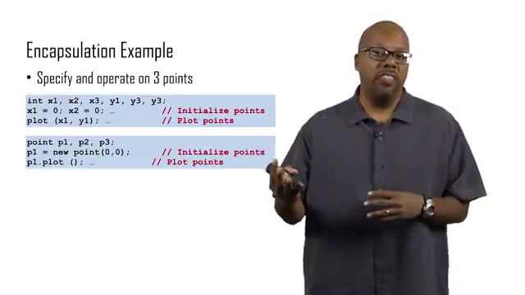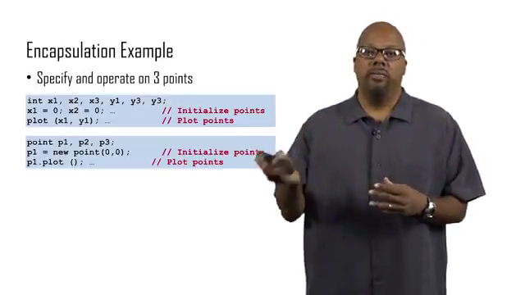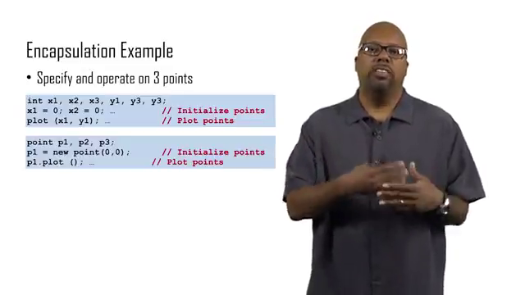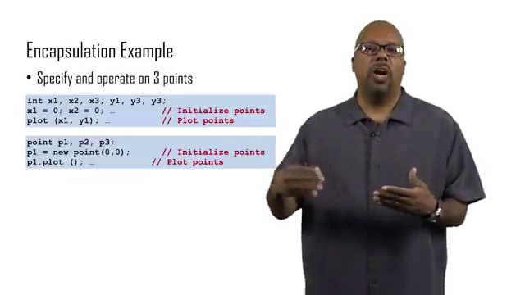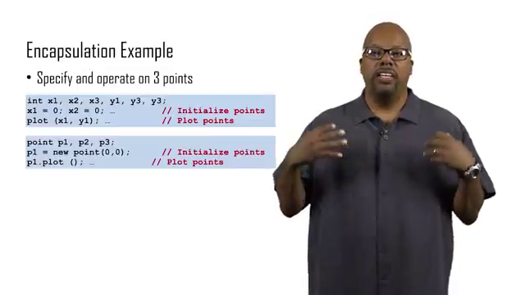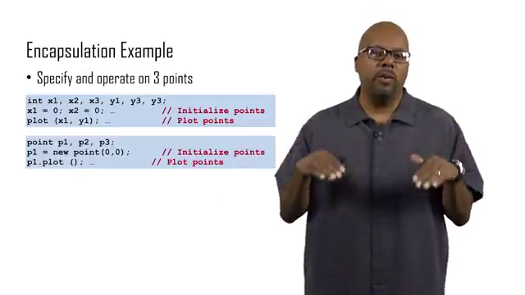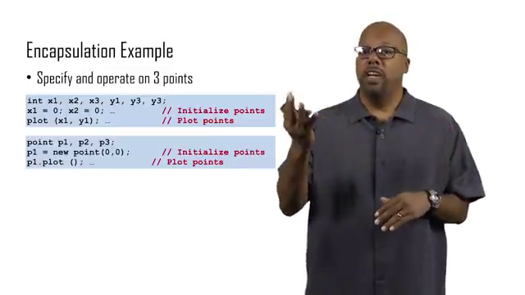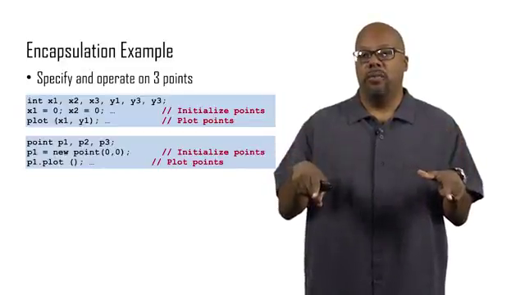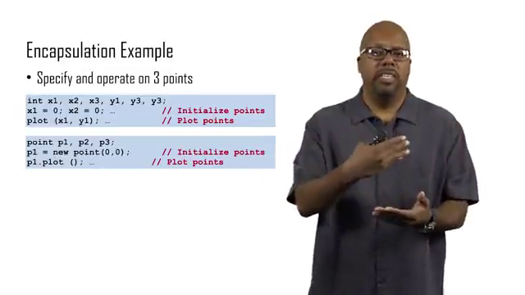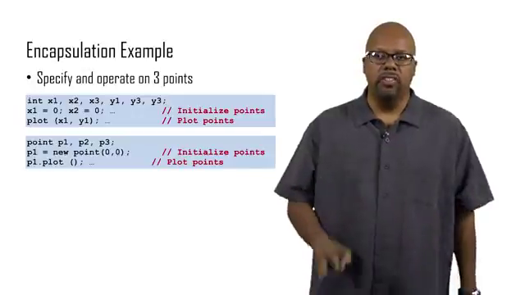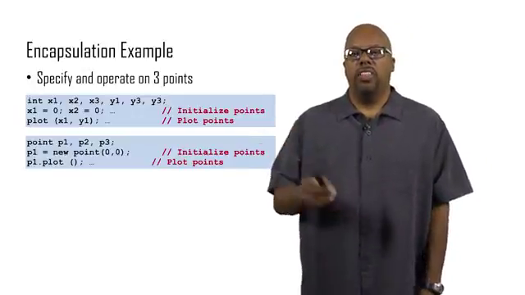Because I have defined this class of points, the machine will know, okay, p1 has got to have an x and y, p2 has its own x, y, p3 has its own. So those get defined without me having to think about the details. I just say make a point, and the program says, oh, a point means there's an x and a y. So I declare my points, then I make a new point.